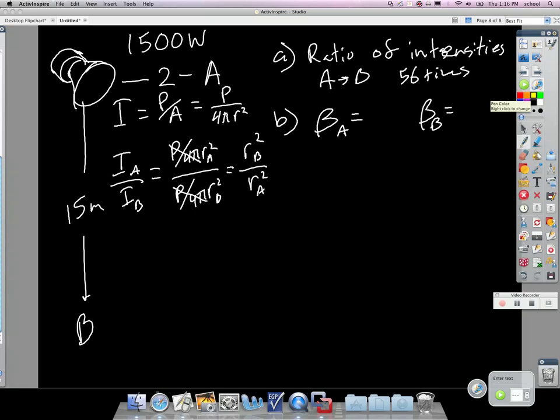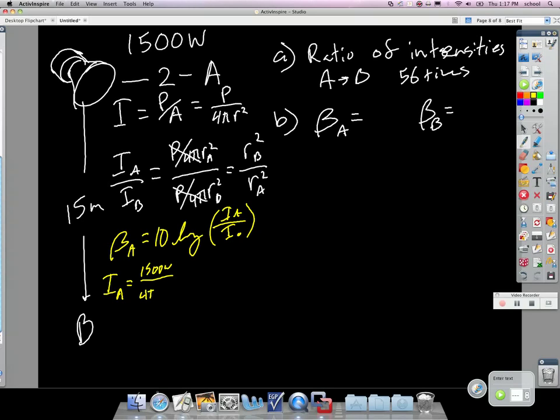Okay, so what is beta B? What is the relative intensity of A? It's 10 log of IA over IO. So IA is equal to 1500 watts over 4 pi times the radius for A, which is 2 squared.